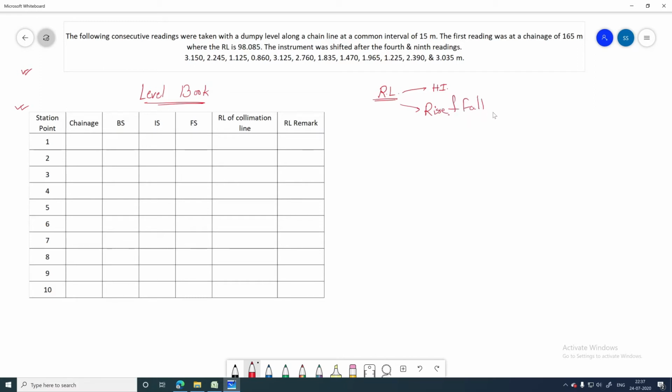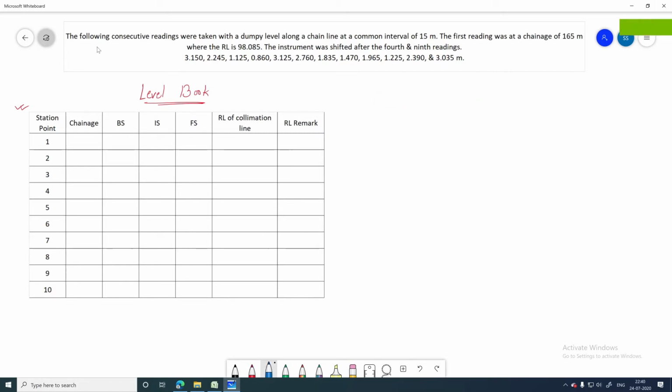Problems are very important in this topic. It might be that you need to solve the problem either by rise and fall or by height of instrument method. Both are very simple and very interesting, so let's try to solve this and see the problem.